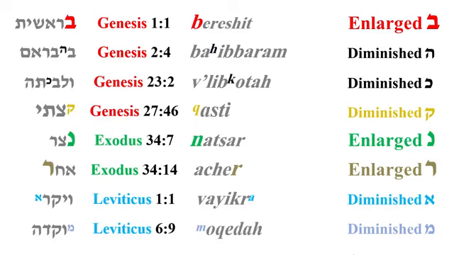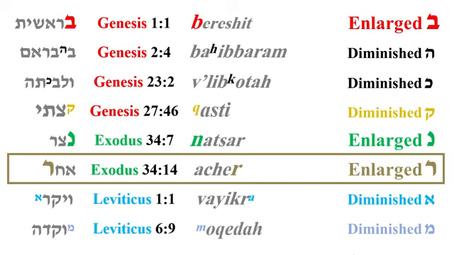We've talked about in past videos that some letters in the Torah are enlarged and some letters in the Torah are very small. And resh is no exception. Here's the list of different enlarged or diminished letters. And we have in Exodus 34:14 an enlarged resh.